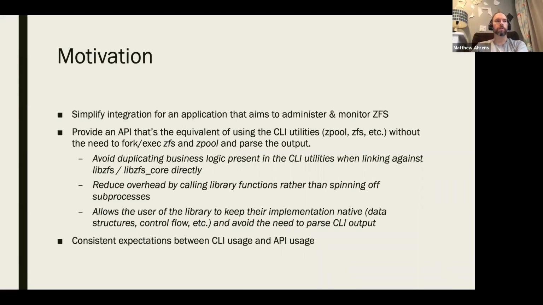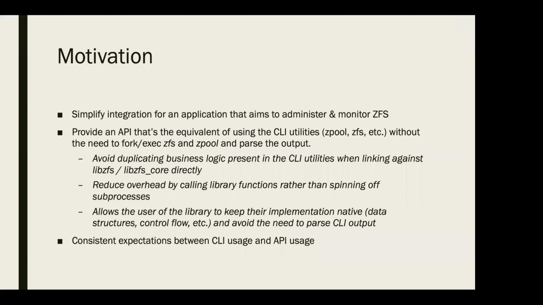So these consumers would be fine with the same things being errors as are errors on the CLI. Maybe it'd be nice if they could parse them out a little better or whatever. Yeah, just really consistent. So you do one thing in either area and you know exactly what's happening.